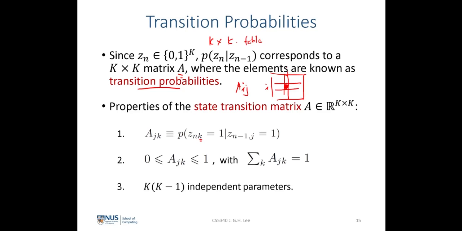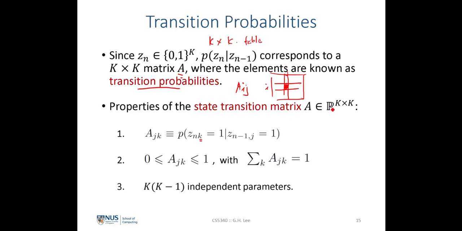So the second property of the state transition matrix is that every entry Ajk is between 0 and 1. This makes every entry a valid probability value, with the sum of all the columns on a particular row equal to 1.